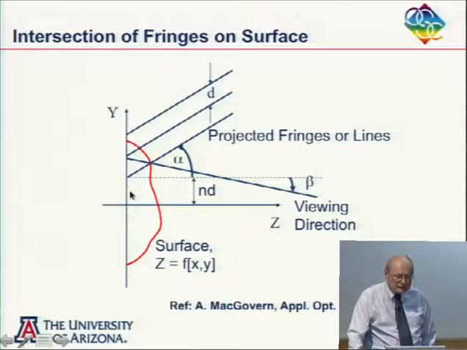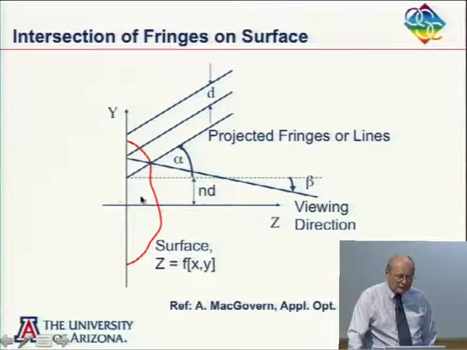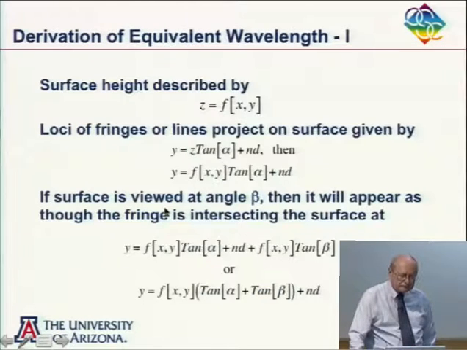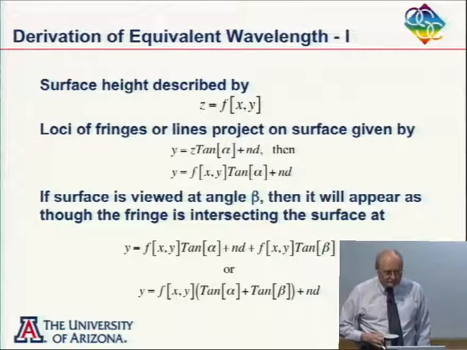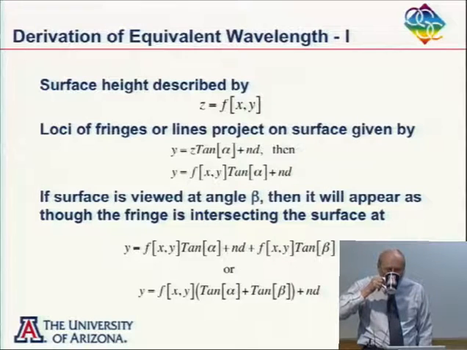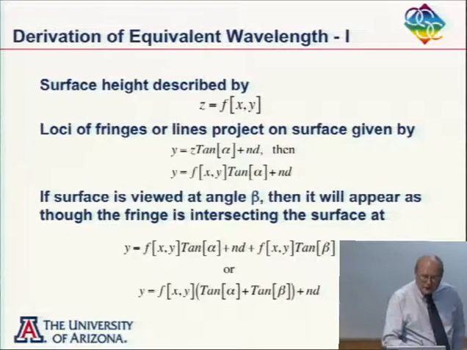These lines are spaced d apart, and from the origin I go up to a certain number of lines, a distance nd away, assuming I picked my coordinate system so one line crosses where the z and y axes cross. So my equation describing the straight lines is y equals z tangent alpha plus nd. Any questions on that? Because that's the most fundamental part of the whole thing.